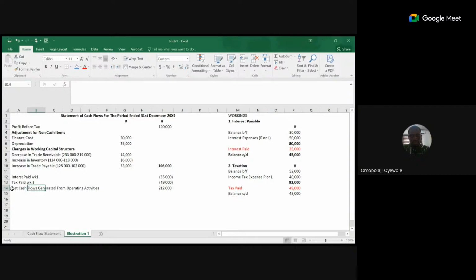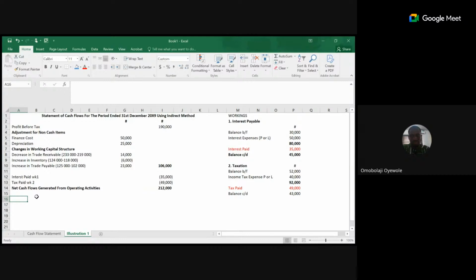So my net cash flow generated from operating activities is going to be 212,000. So this is an example of how to calculate your operating activities using the indirect method.